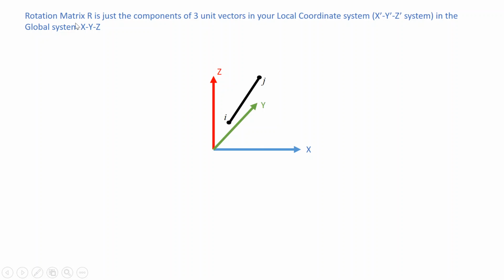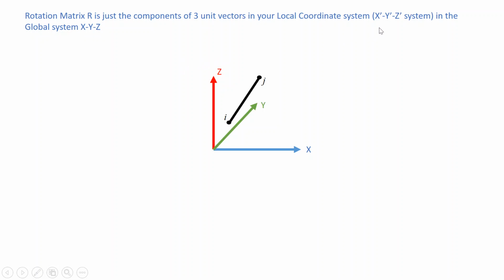It is a 3x3 matrix that if you multiply it with a vector from the old system, it can change it to the vector in the new system. Here we say it's like prime system versus non-prime system. In our matrix application, the prime system is whatever is along with your member, and the non-prime system is the global.